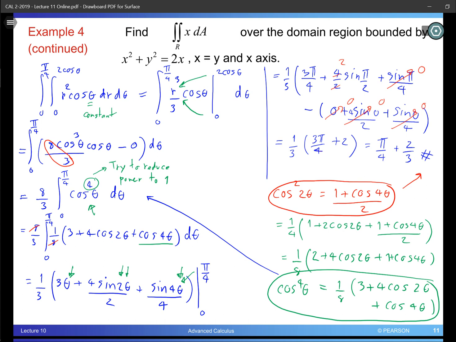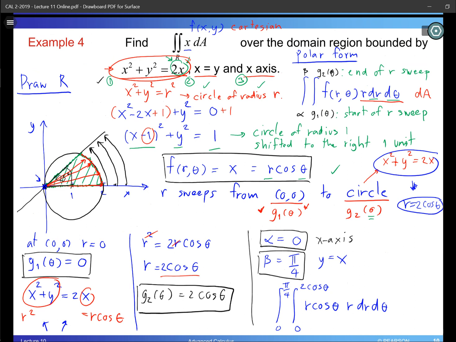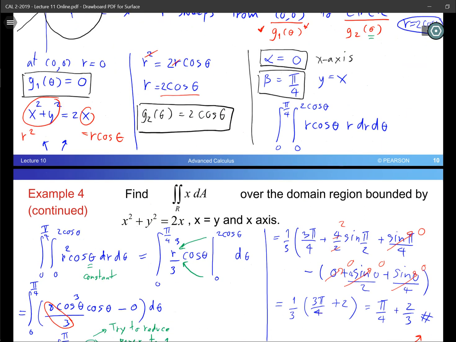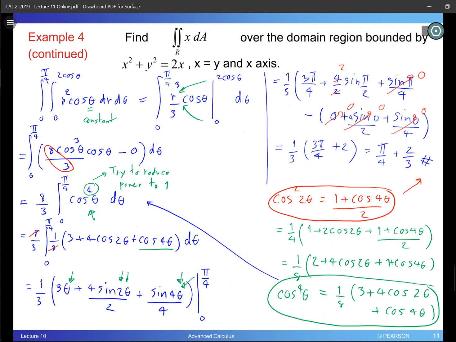Okay, so the whole idea to do this is to draw the domain region and find out how to sweep the radius and how to sweep the angle. And after that, it's just the integration like you did before.